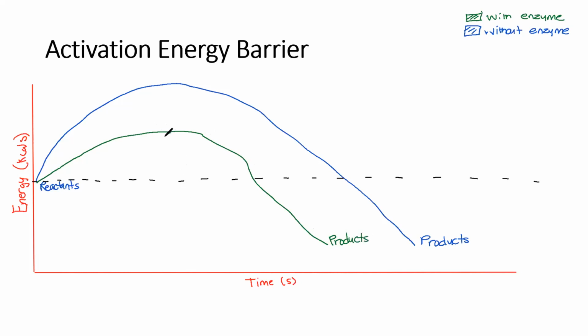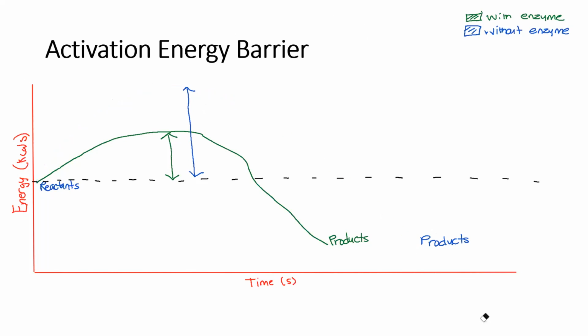So this is the activation energy required for this reaction. And then this is the activation energy required for this reaction, okay? And we can see how that's almost double, right? When we have an enzyme, the reaction takes place much faster and we don't need as much energy in order for the reaction to proceed, okay?